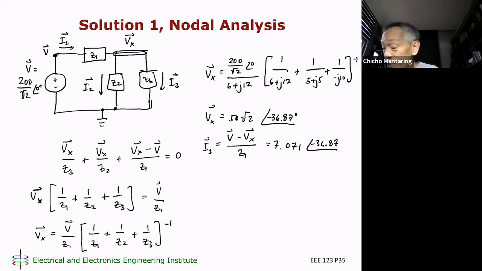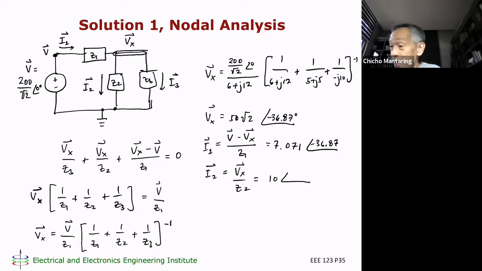Okay? I2, what is I2? Vx over Z2. Okay, this is going to come out 10 at an angle minus 81.87 degrees. No, don't forget your units. I'm guilty.